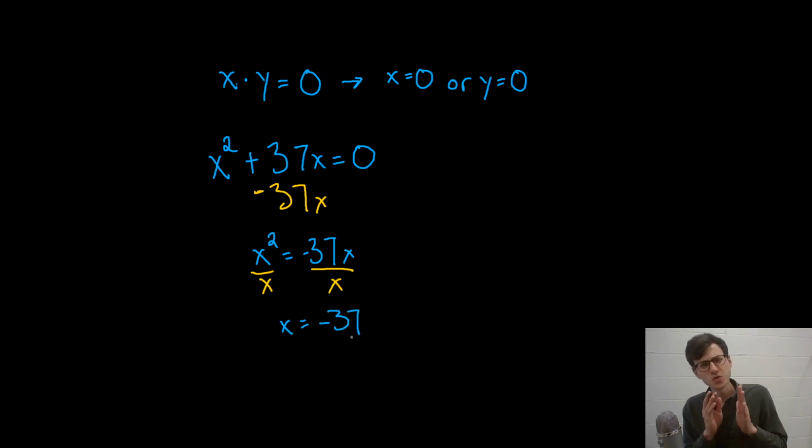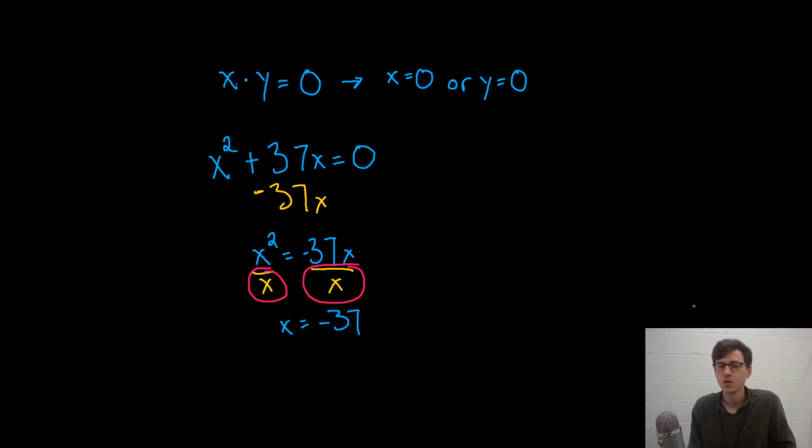If you did that, you'd be half right. But here's the thing. You're missing out on one option here. And that could make this very, very dangerous. We don't know what x is.